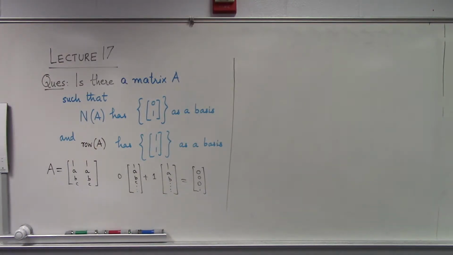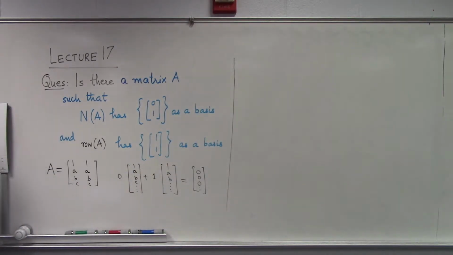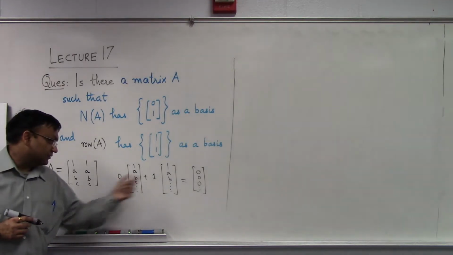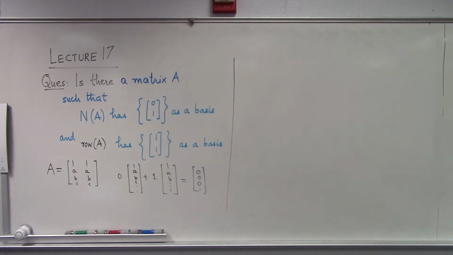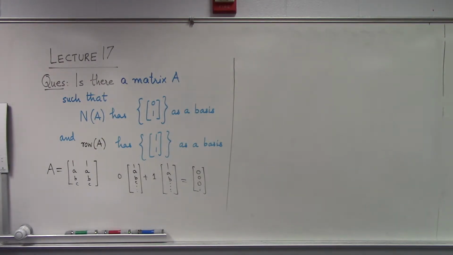Can it happen? Well, as you can see, it cannot be true because the first coordinate is 1. Even though the rest of them could be 0, there's no way that we can produce a linear combination of 0 out of this. So our suspicion is that the null space cannot be generated by this, or there cannot be a matrix which satisfies both these conditions together.